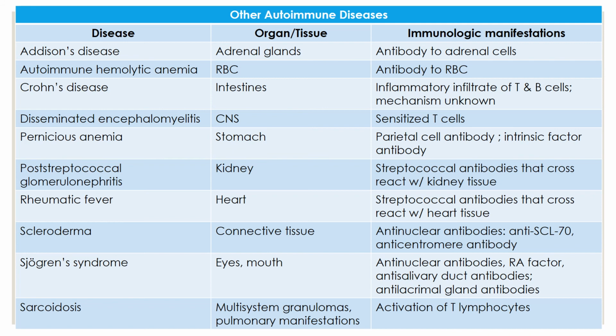And if you go down the list, Sjogren's, I've mentioned Sjogren's a number of times, right? Sjogren's, actually the two most common tissues that are affected are the eyes and the mouth. You have several antibodies here, but they seem to be directed locally against the eyes and the mouth. And the key things there are anti-salivary and anti-lacrimal antibodies.